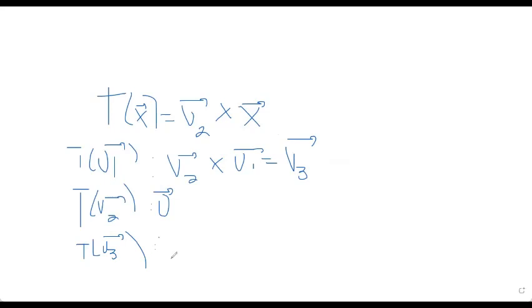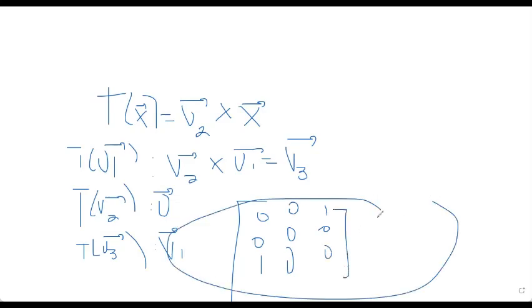That's going to give us V1. So we construct a B matrix from that. For T of V1 it should be V3, so 0, 0, 1. T of V2 is 0, so 0, 0, 0. T of V3 is V1, so 1, 0, 0. And that's our B matrix. So it's really quite simple. It shouldn't be too difficult.